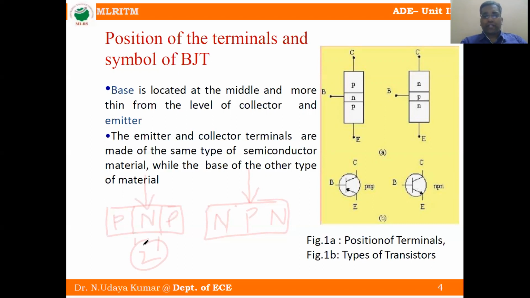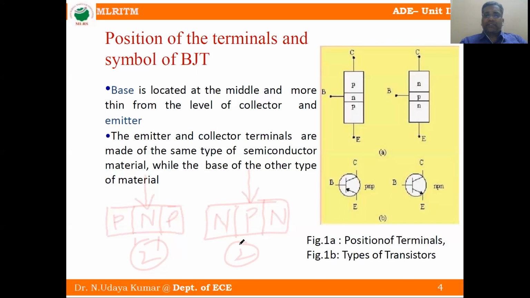Here also one N-type and one P-type material with one junction in between, and one P-type and one N-type material with another junction in between. So here also two junctions. That's why it is a bipolar junction transistor.